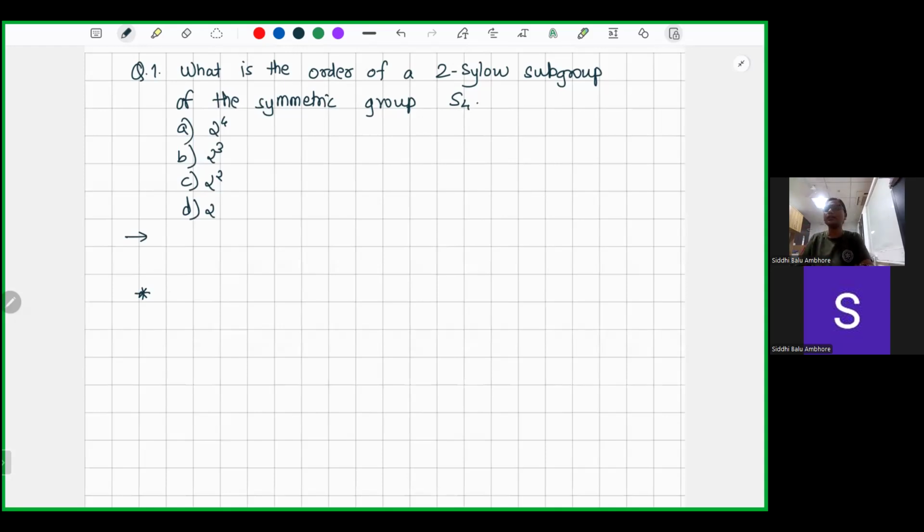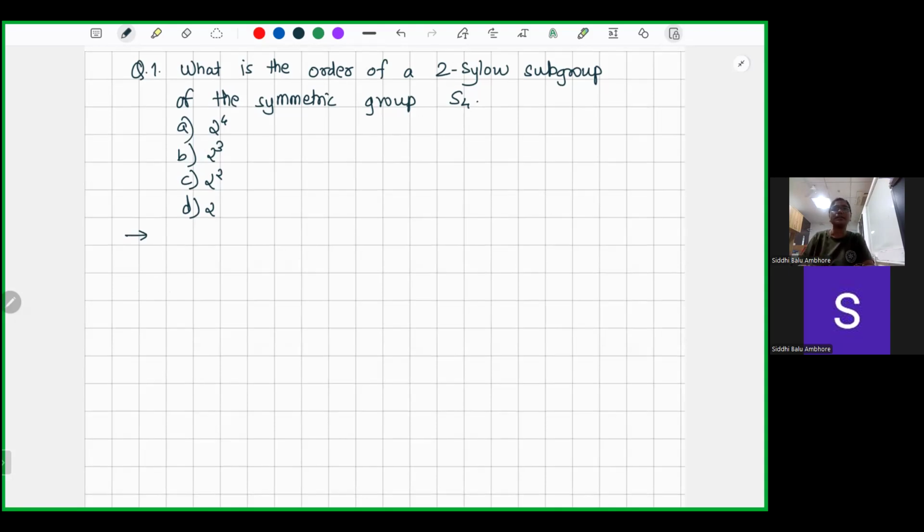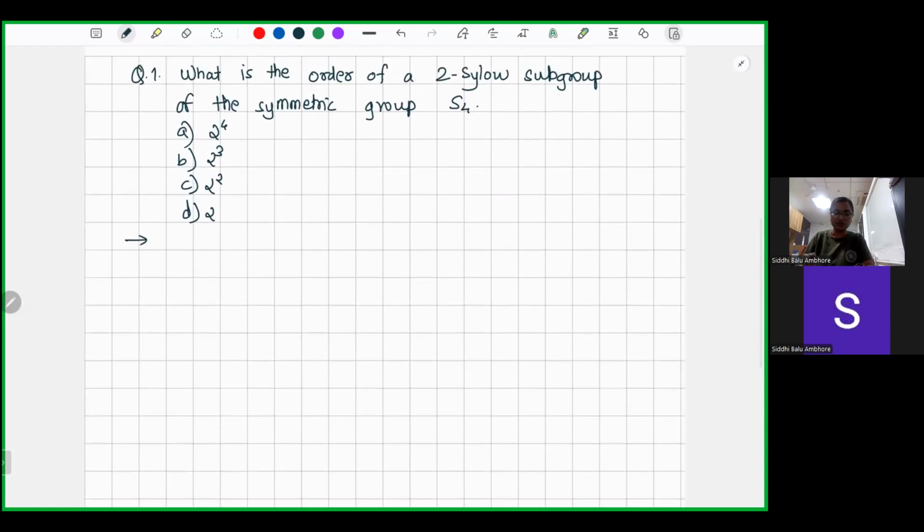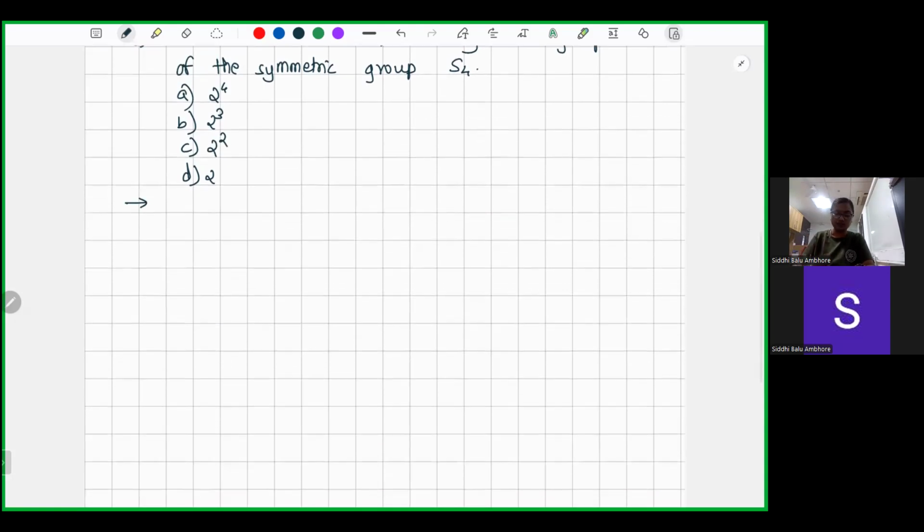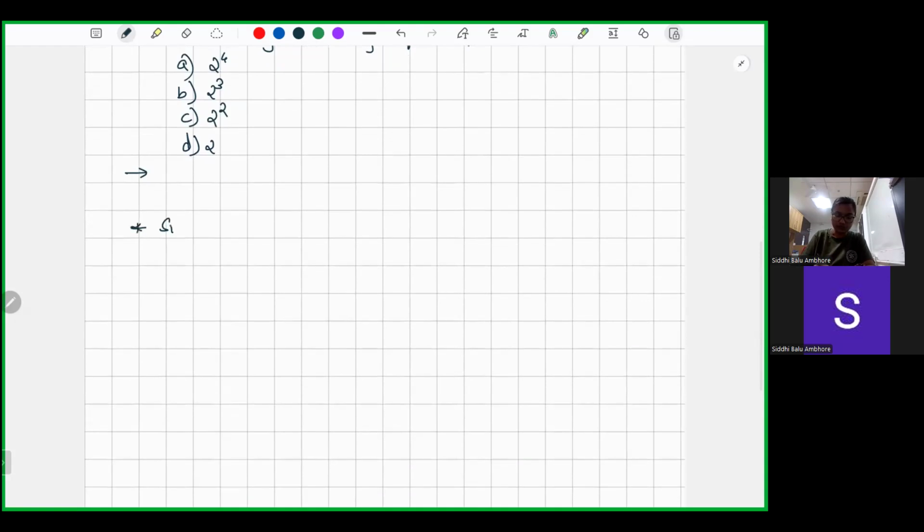There are three of them: Sylow's first theorem, Sylow's second theorem, and Sylow's third theorem. Let us at least go through the statements, because throughout this session we will be using them multiple times.